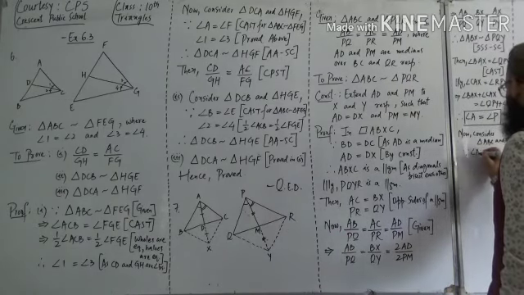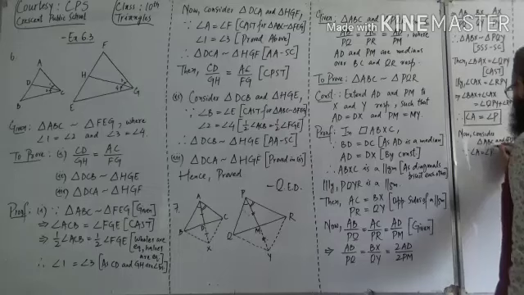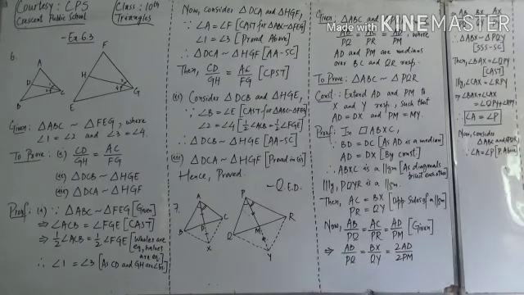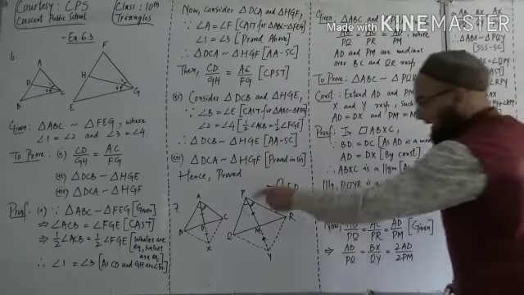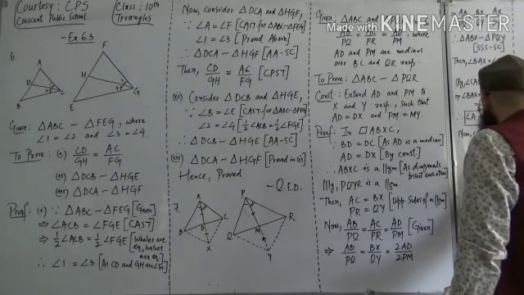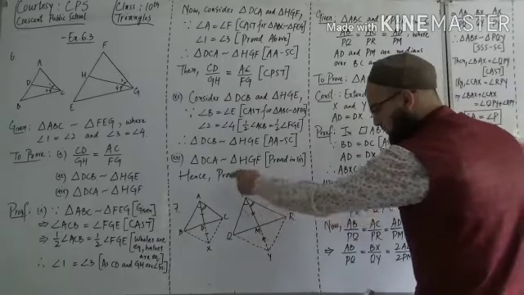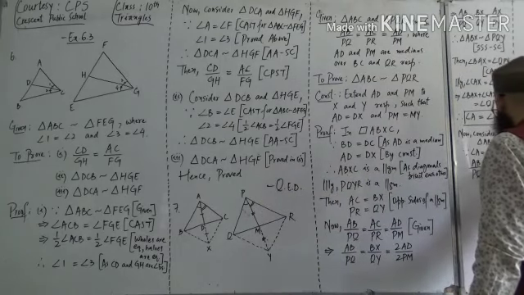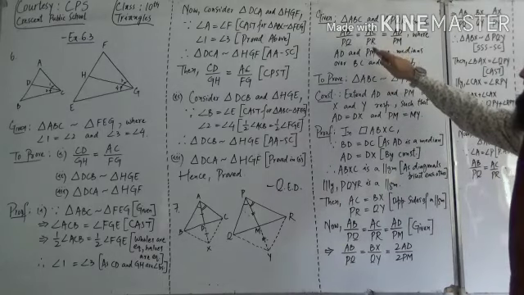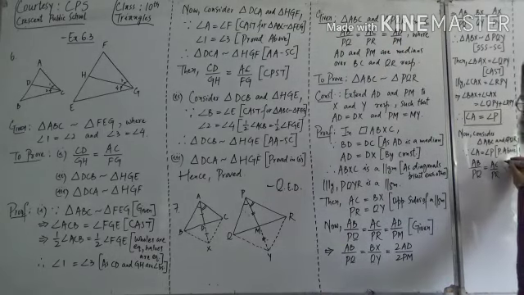Since angle A is equal to angle P, proved above. What else you have? You have AB by PQ is equal to AC by PR. It's given.